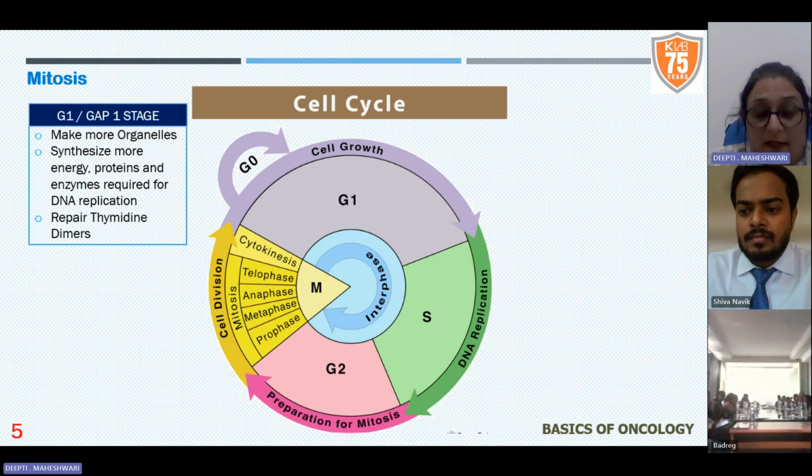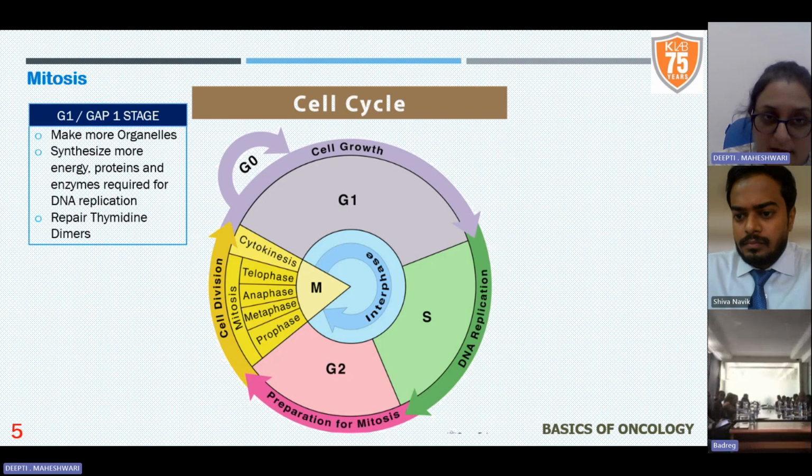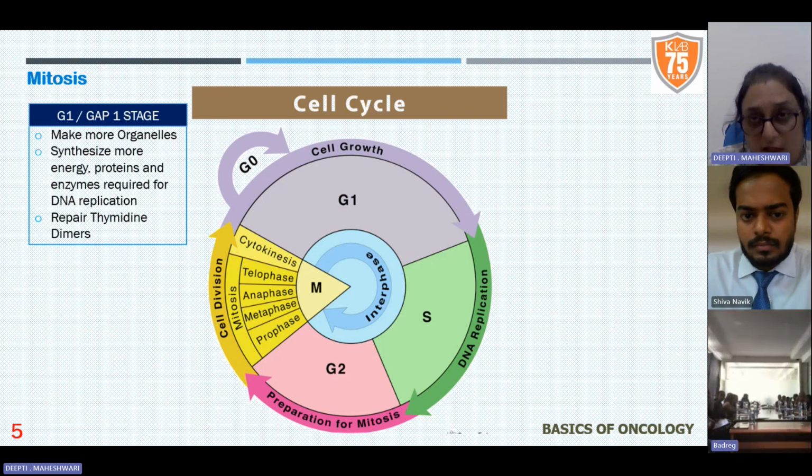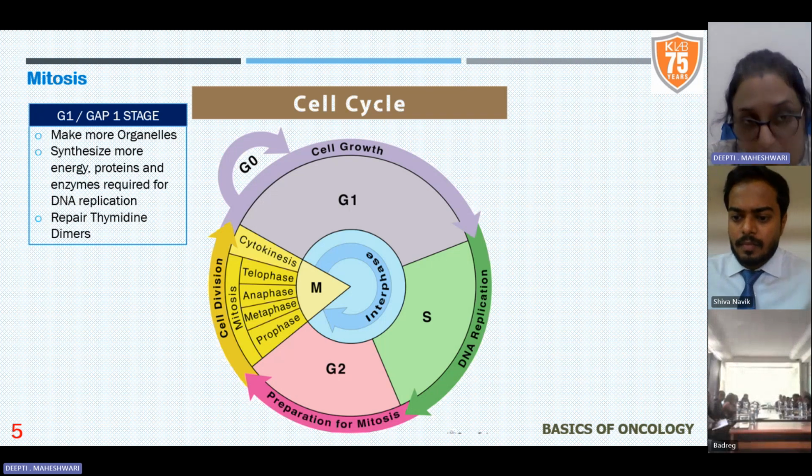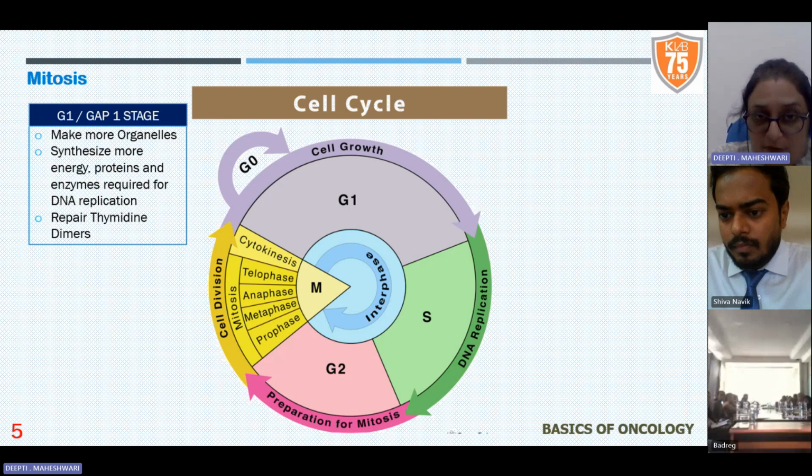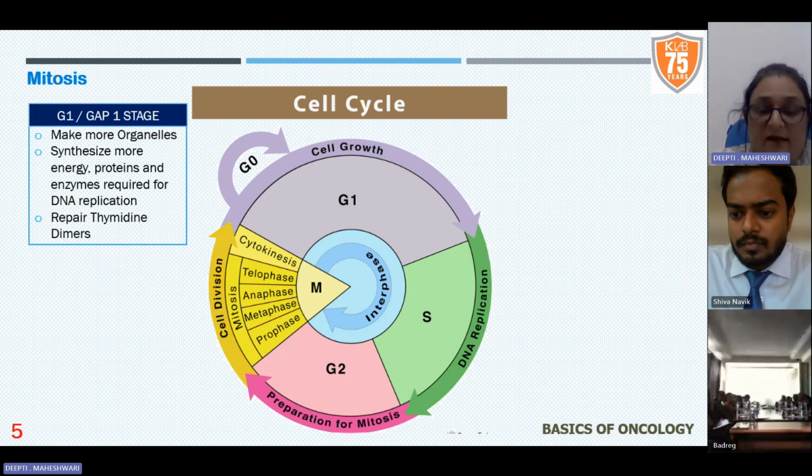Various types of proteins and enzymes are required for DNA replication. So in the G1 phase, the cell is preparing itself by making more energy, by making the required proteins, by making the required enzymes for DNA replication. So in the G1 phase, the cell is growing, plus it is preparing itself for the DNA replication, that is the S phase.